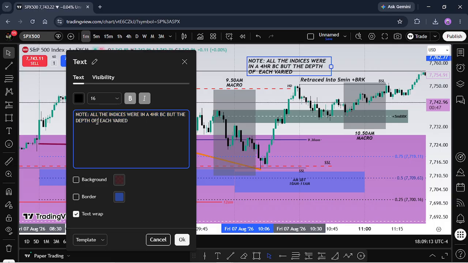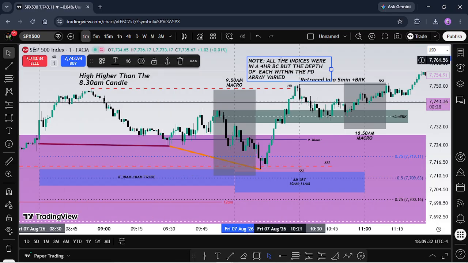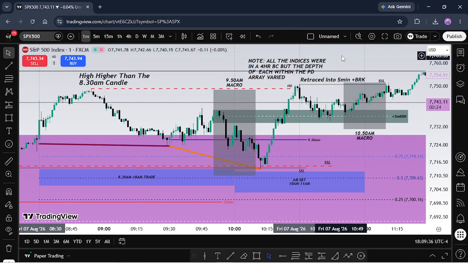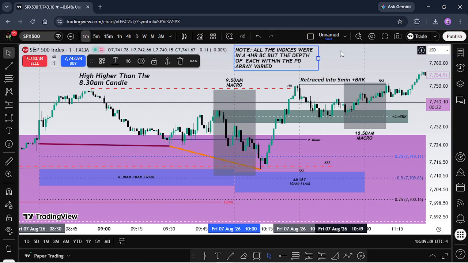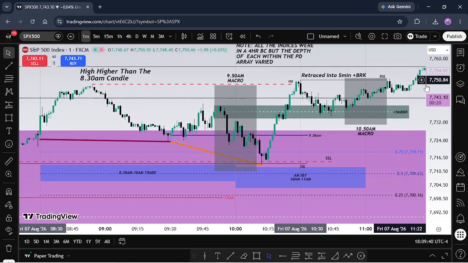Depth of retracement. It's not only retracement of each, within the PD array varied. Okay, all right. So this is important, right? So I'm gonna mark this.